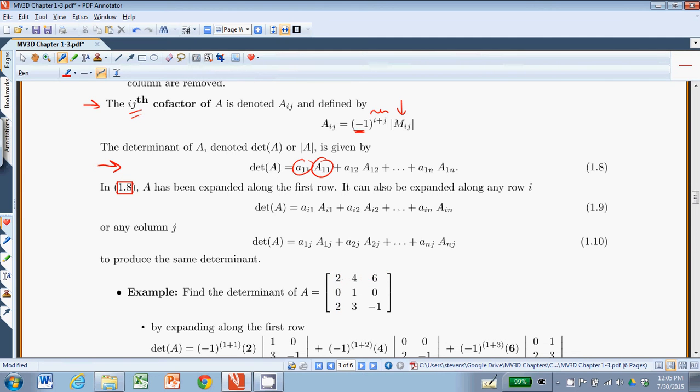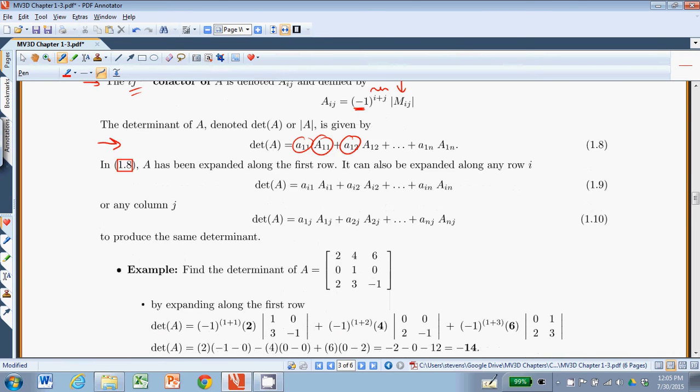Then you continue across to A1,2, times the minor associated with it, so it's the determinant of the remaining matrix times -1 to the 1 plus 2, and so on. You don't have to expand across the first row. You can expand across the second row, the third row, or even down any column you want.